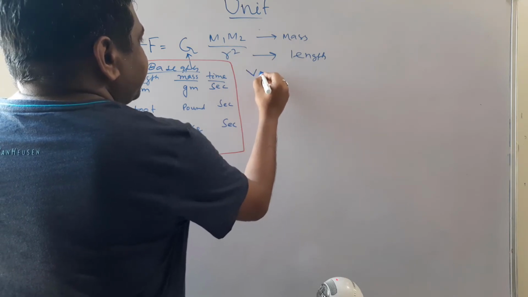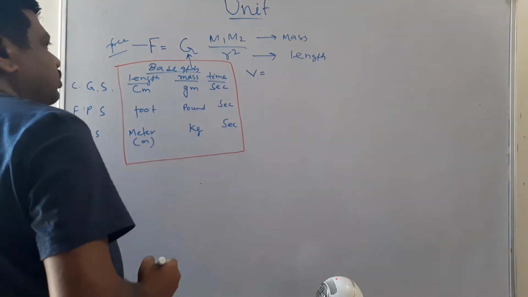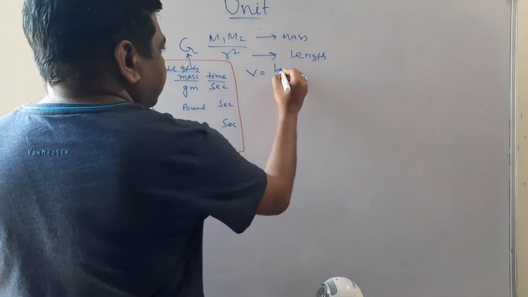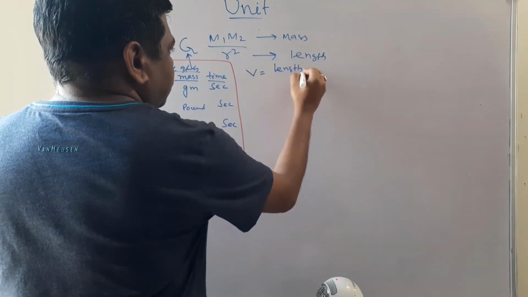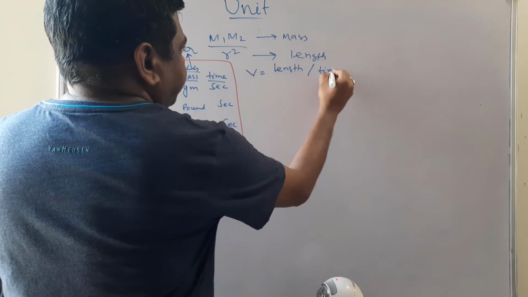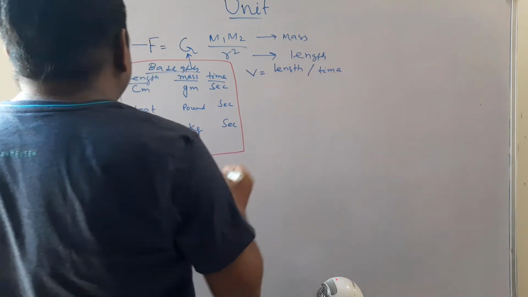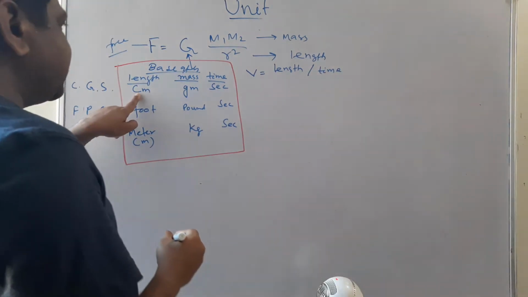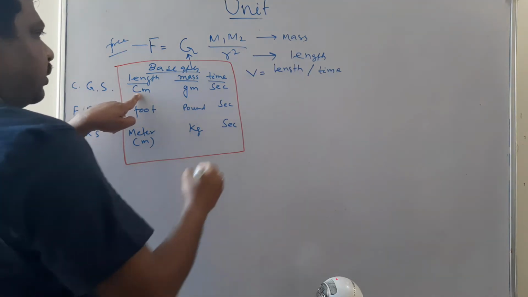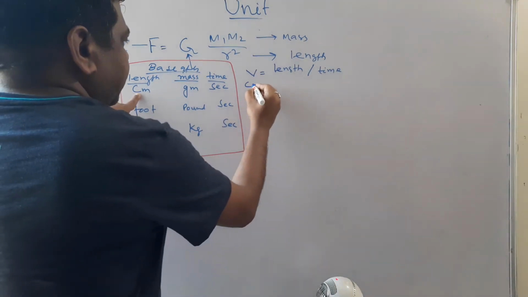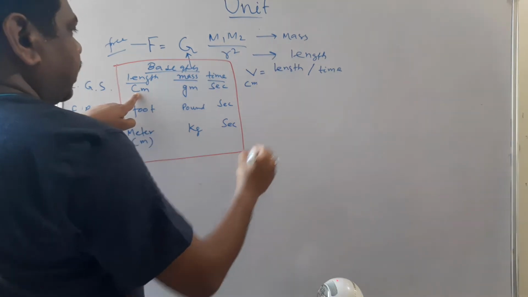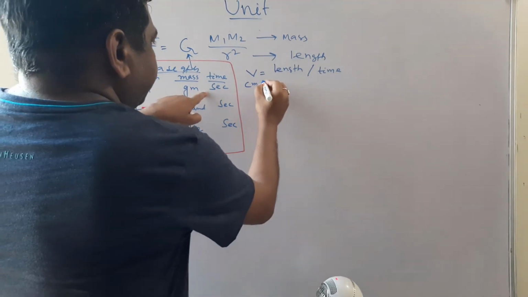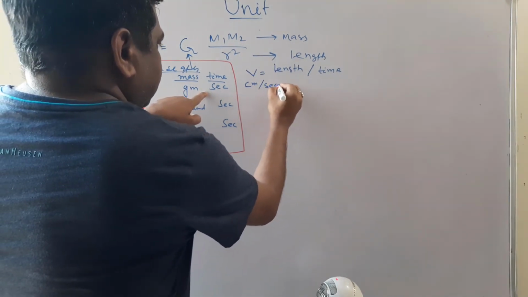So velocity v equal to length by time. Here length is centimeter and time is second, so this is cm per second.